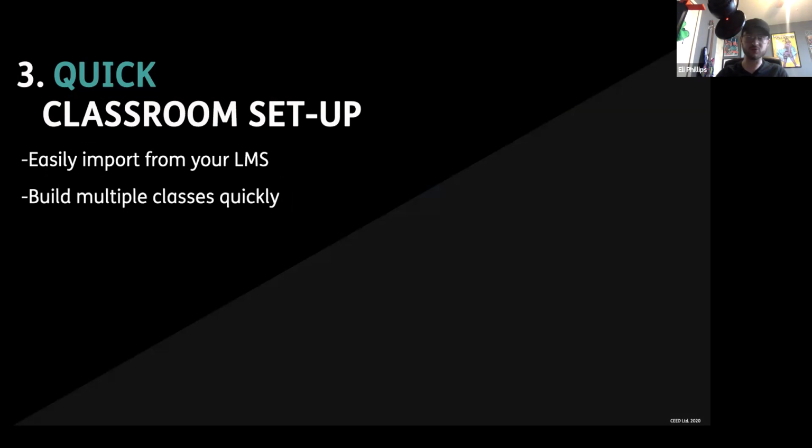So you could organize your first period, second period, third period, or your A group, B group, C group, however you want to do it all at once, and work on this really quickly, which is nice if you have to adjust your learning model as you're going throughout the year, which, as we're learning, can happen. And finally, I counted, you can assign challenges to your students in 3 clicks. So you log on to Further, and in 3 clicks, they have an assignment ready. Again, this is all designed to just be super simple.